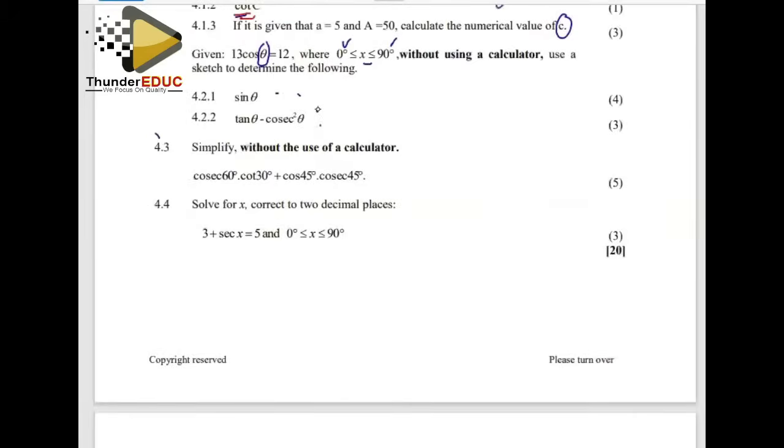All right, then 4.3, they want us to simplify this. We have the cosec of 60, cot of 30, cos 45, and cosec of 45. So we're going to use what we call the special angles. Cosec is the same as 1 over sine of 60. Cot is the same as 1 over tan of 30.